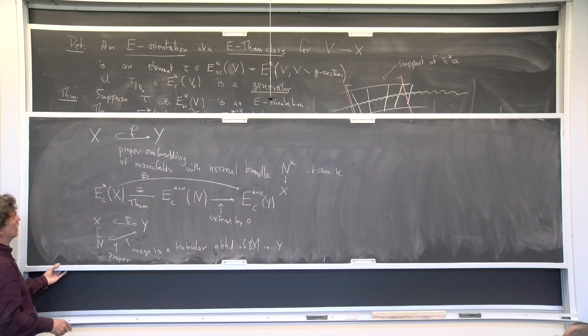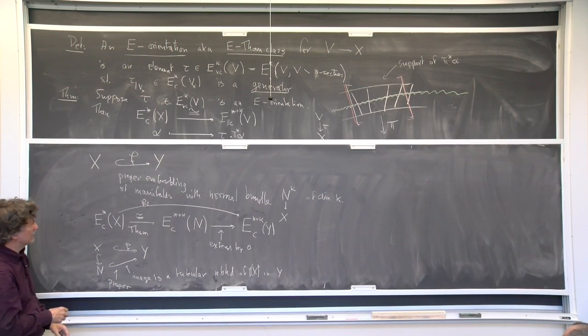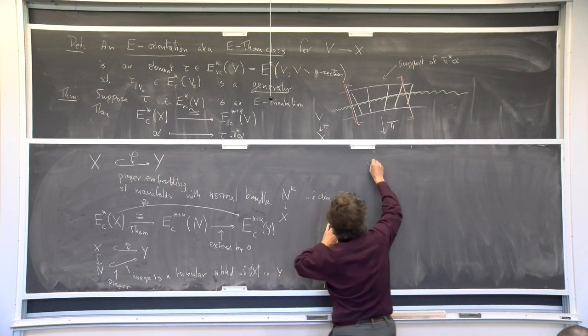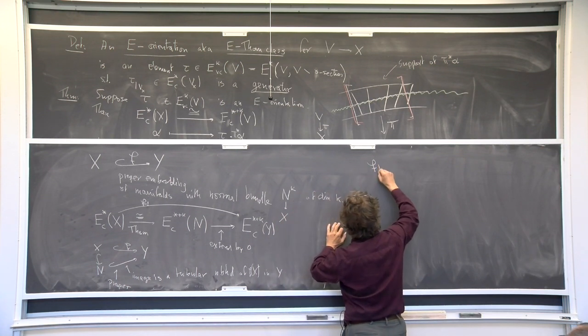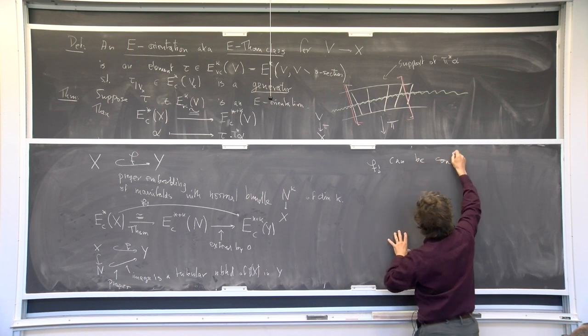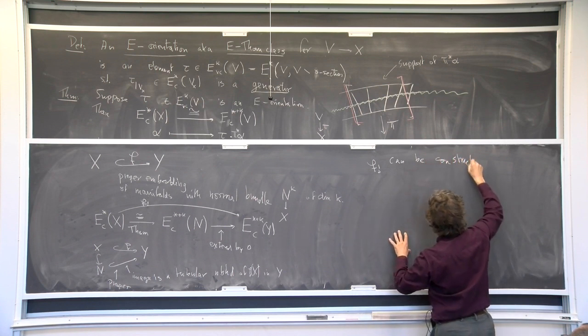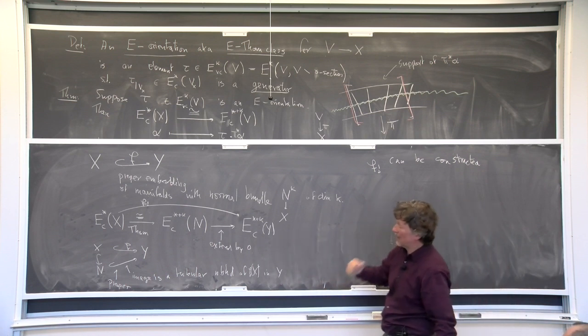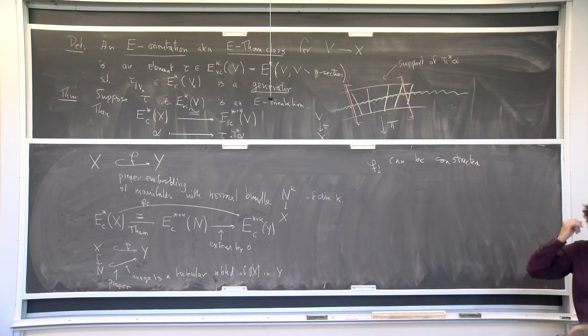And that, of course, uses the fact that F shriek can be constructed. So what did we use for this one here? The crucial thing was that we had the Thom isomorphism, right?